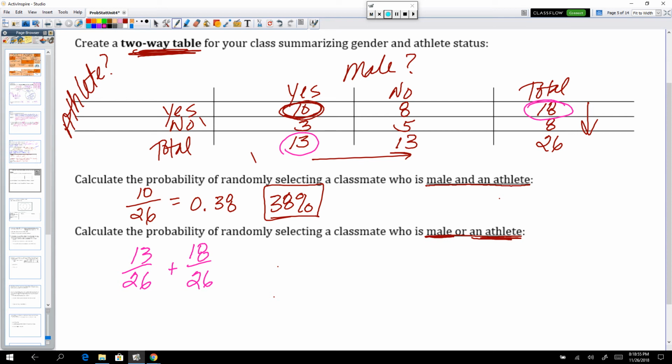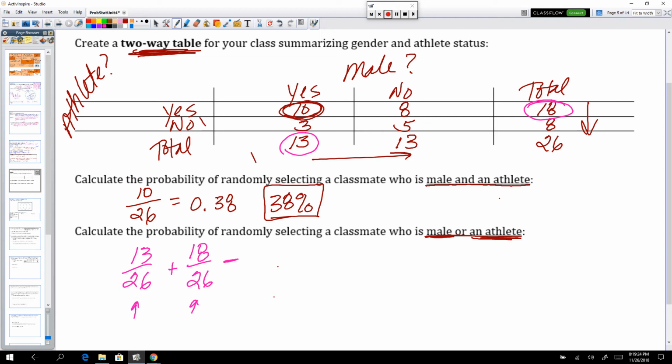However, you could possibly be male and an athlete. The fact that you have some folks that could be both means that those two events of being male and athlete are not mutually exclusive of one another. And we're going to need to subtract out the people that are both so that we don't double count them. Right now, those people exist in both of these numbers, and we don't want to double count them.